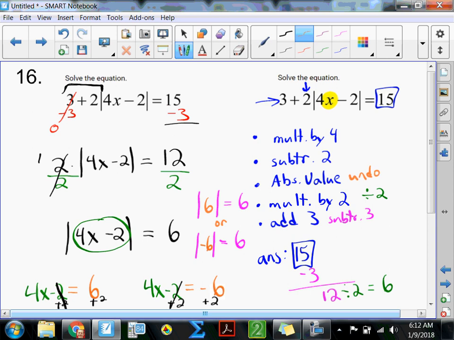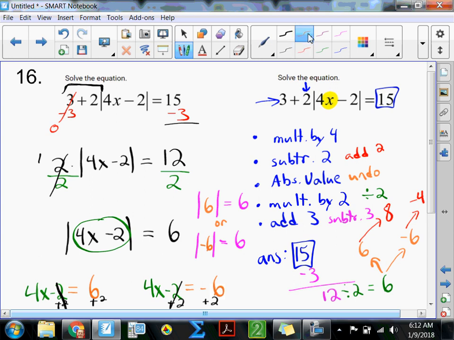We know that an absolute value makes it a positive 6. So to undo it is going to turn it into a 6 and a negative 6. The second to last step going up the list says subtract 2, so we're going to add 2. So 6 becomes 8, negative 6 becomes negative 4.